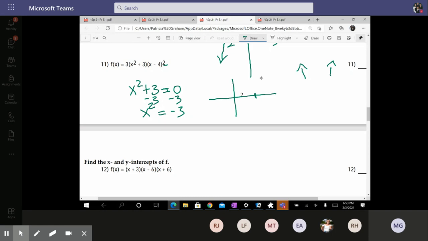So the image is going to come out something, touch, go back up, curve, and somewhere, and I'm not saying it's going to be there, but somewhere it's going to come back down and curve again without getting to the x-axis. Why is it not going to get there? Because I can't take the square root of a negative number. That is not going to be. There's my end behavior because it's even and positive. Yes?